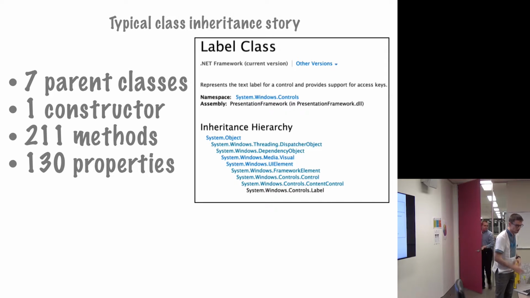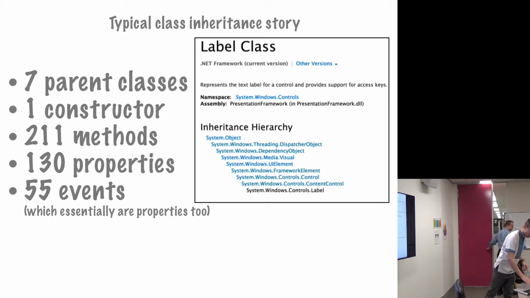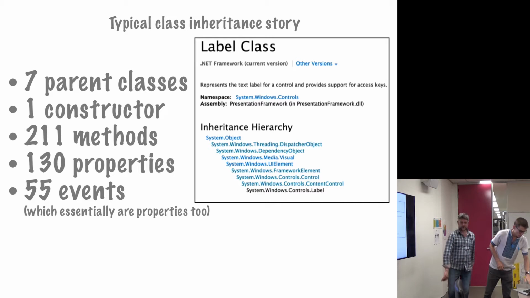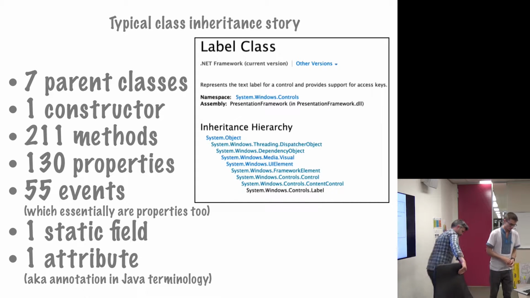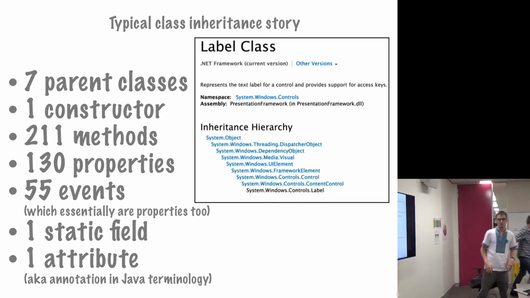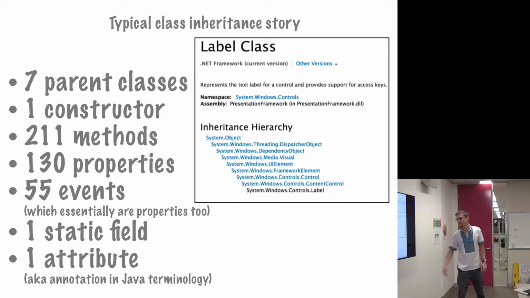It has 130 properties. I counted them all as well. And it has 55 events. I counted them all as well. They are actually properties as well. And there is also 1 static field and 1 attribute. For those who don't know .NET, everybody knows .NET, right? If you don't, this is like an annotation in Java.